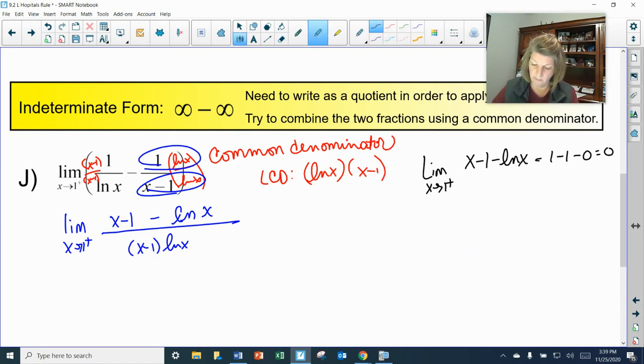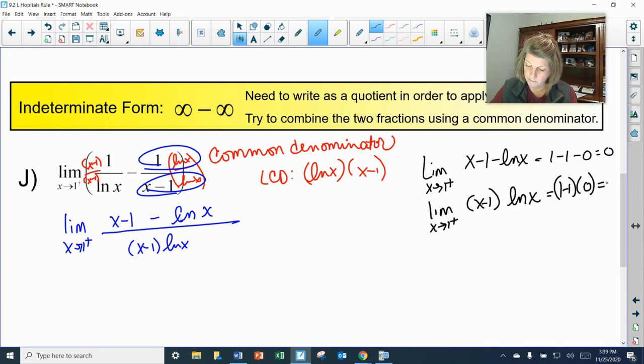And then the other thing we want is to analyze the denominator. As we go to 1 from the right, our denominator was x minus 1 times natural log of x. That's going to give me 1 minus 1 times a 0, and 0 times 0 is 0. So we are definitely a 0 over 0. L'Hopital applies.